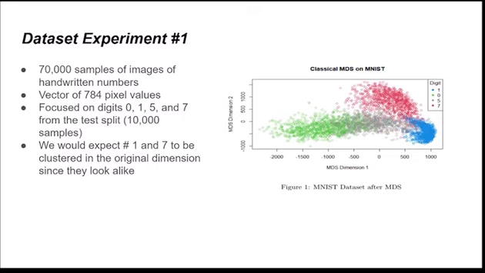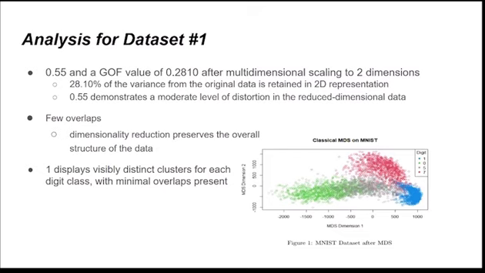We predicted MDS would reveal distinct clusters for each digit, with overlap expected for visually similar digits like 1 and 7, because they are very similar to each other. For analysis, MDS achieved 28% goodness of fit and 5% stress, indicating moderate distortion. The results show clear digit clusters with some overlapping, confirming our prediction.